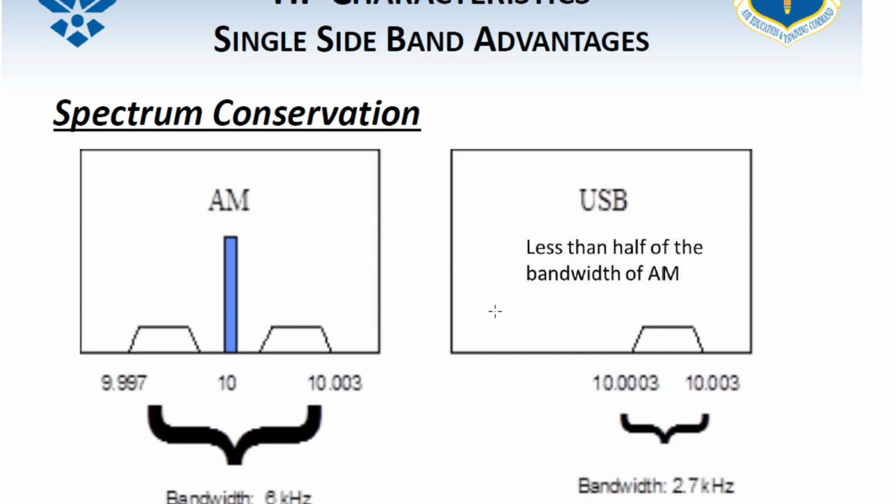So you can see that it is from 10.000 megahertz to 10.003 megahertz, which is a total bandwidth of 2.7 kilohertz. Yeah, and that has to do with kind of what we were just talking about there. So, main idea here is it takes up less space.